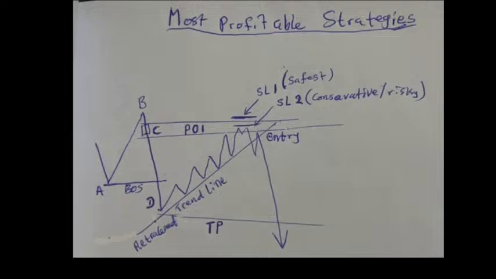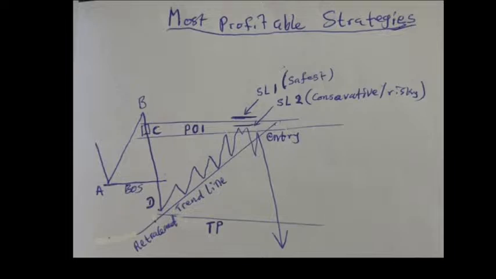So the trend line serving as a confirmation for your entry will help you filter out these kinds of mistakes in marking your point of interest. It will also help you filter out inducement, where price wants to liquidate people, and also help you filter out smart money traps so you don't fall into them and lose your money.